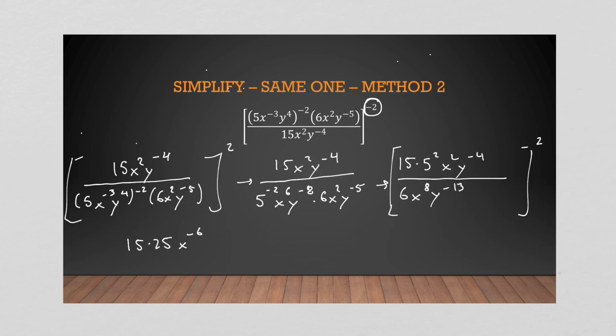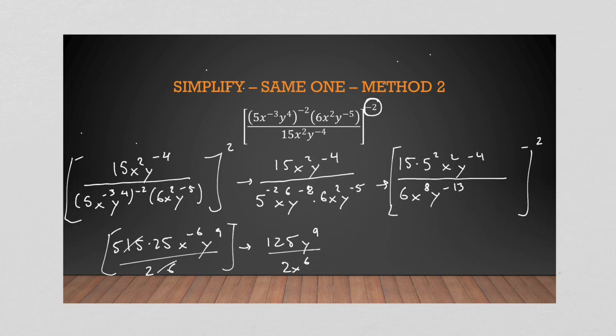And then y to the negative 4, y to the positive 9, all over 6. 15 and 6 cancel a 3 out. So now 125, y to the 9 over 2x to the 6.